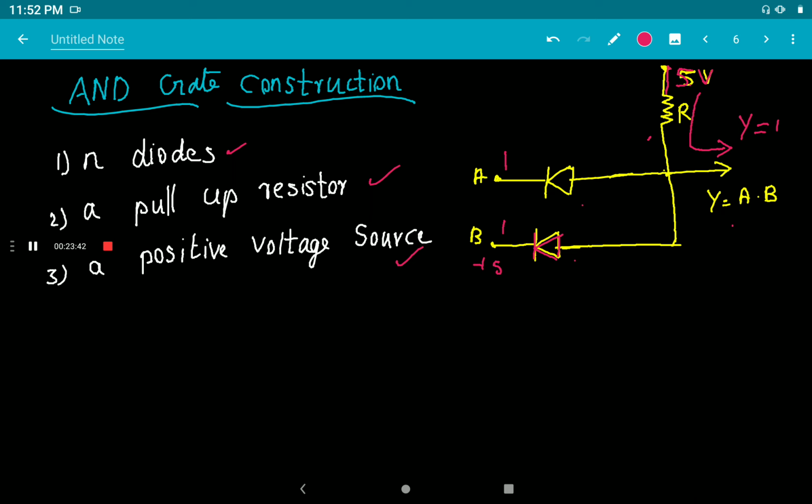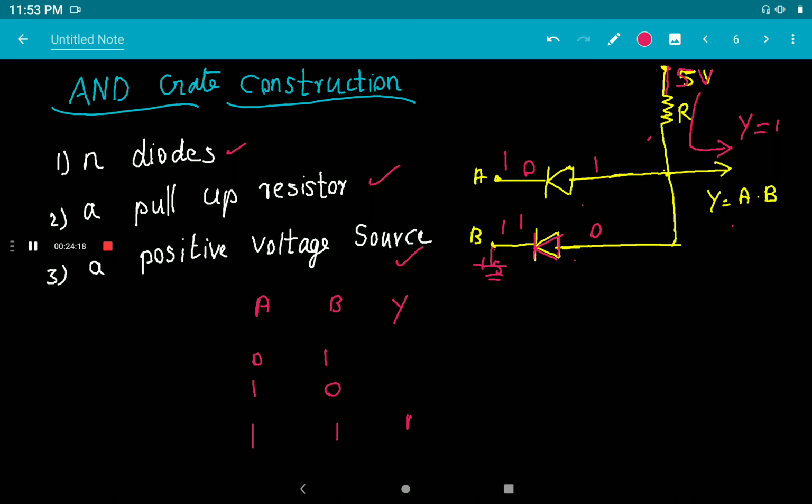So we can mark these as A, B and Y. If both the inputs are 1, then the output is 1. Now, if either input is grounded, we know that if the input is unconnected or grounded, it is at 0 volt. What will happen if either input is 0, that is 0 1 or 1 0? Either A is equal to 0 and B is 1, or A is equal to 1 and B is equal to 0.